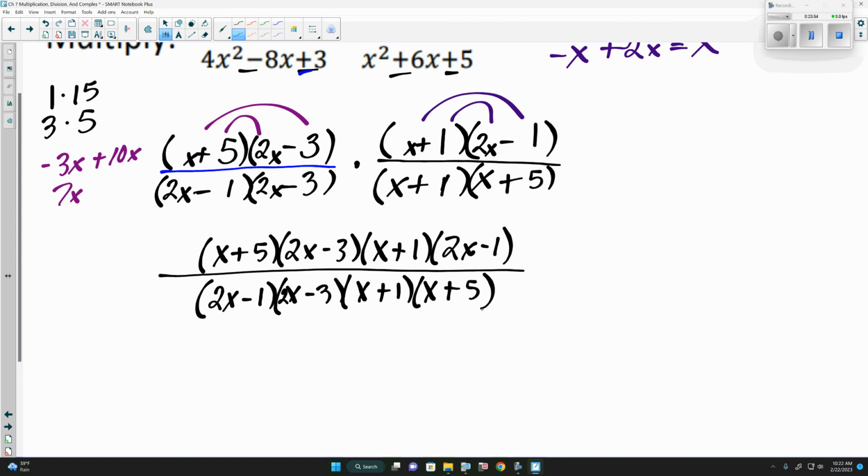What's in common on top and bottom? 2x minus 1 and 2x minus 1. 2x minus 3 and 2x minus 3. X plus 1 and x plus 1, and then x plus 5 and x plus 5. One like it, not the exact same one. So what would this be?